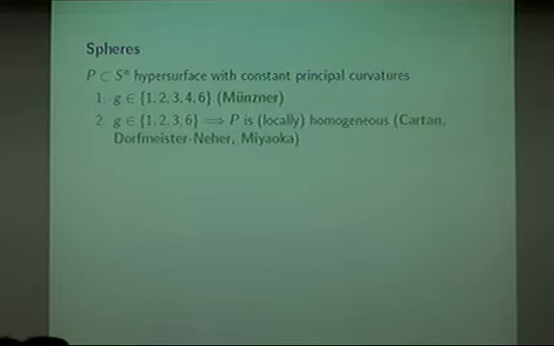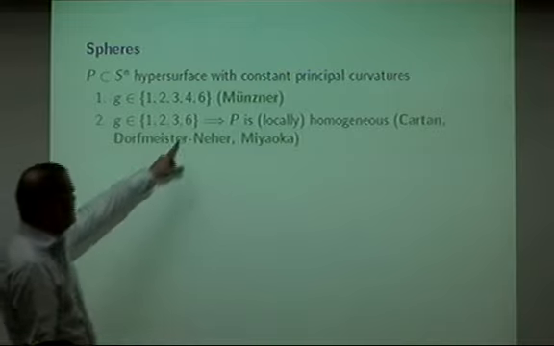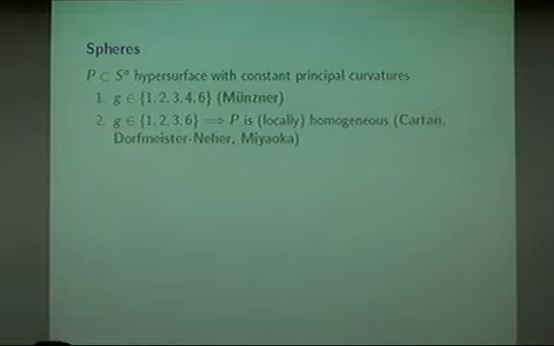Again it is quite remarkable that this case, when we have 6 distinct principal curvatures, can only arise on a 7-dimensional sphere and on a 13-dimensional sphere. It's again related to topology. In the case of a 7-dimensional sphere, it was Dorfmeister-Neher who settled the problem, and in the case of a 13-dimensional sphere, it was Reiko Miyaoka who settled this problem, I think last year. It was a long-standing problem.